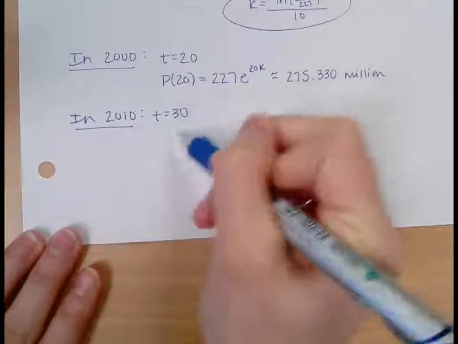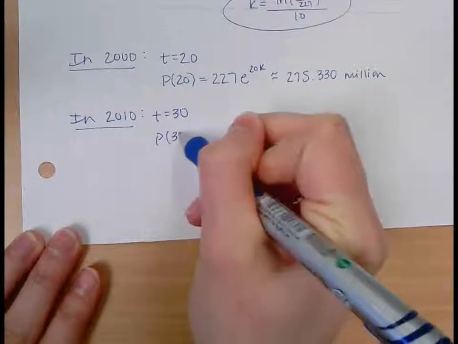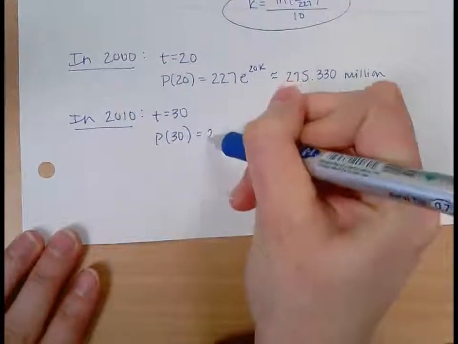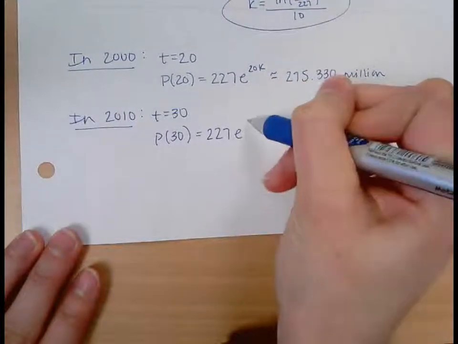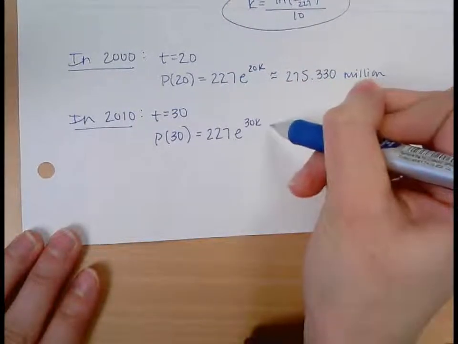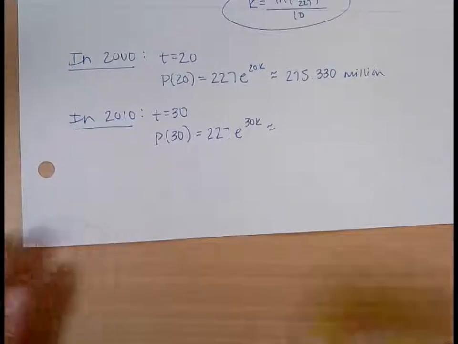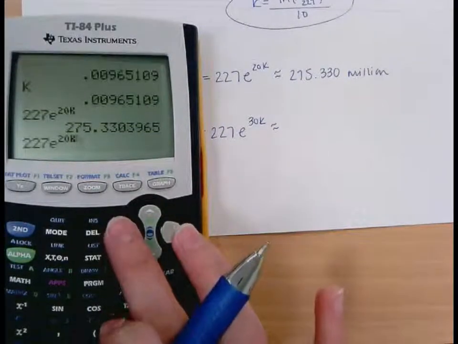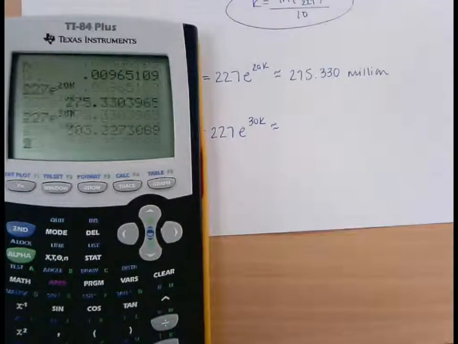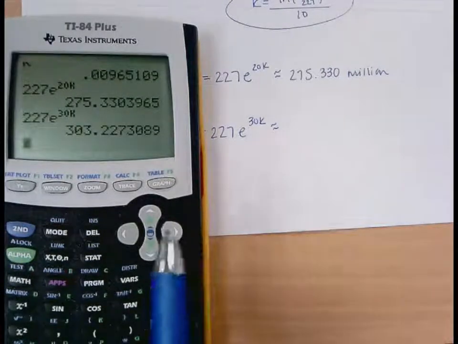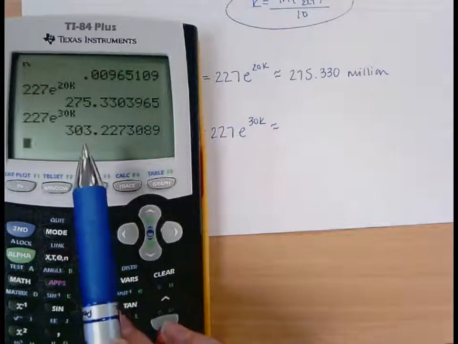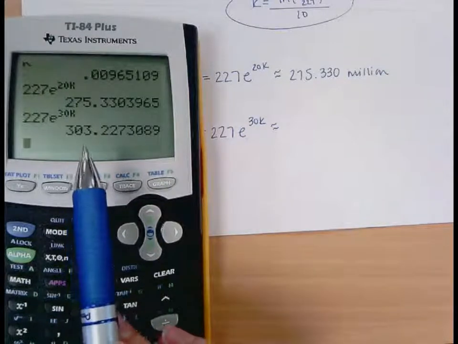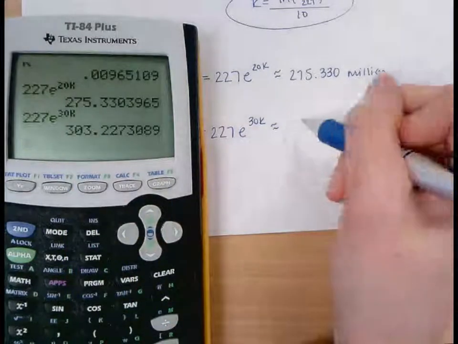30. But we can actually see how close this was. So 2010, I'm getting about 303.227 million.